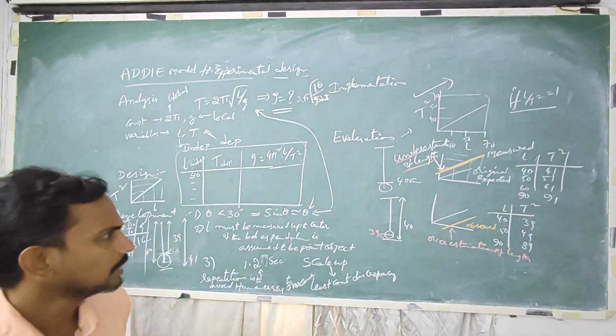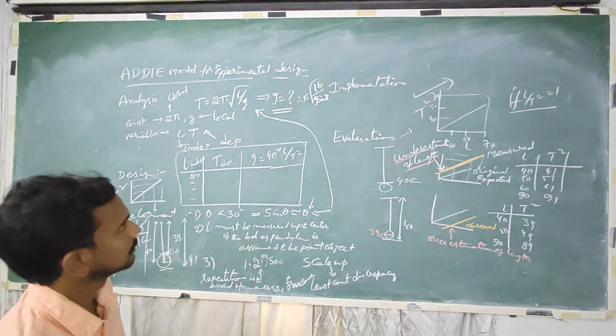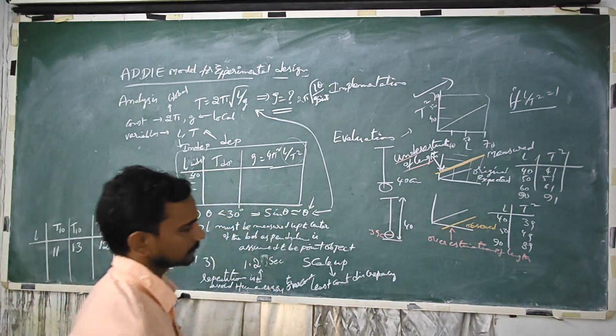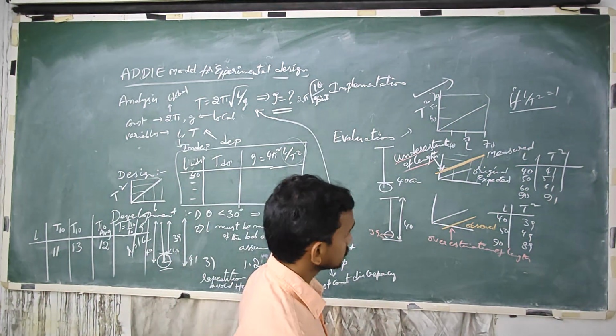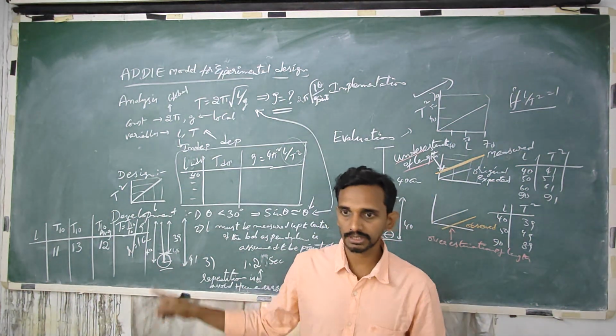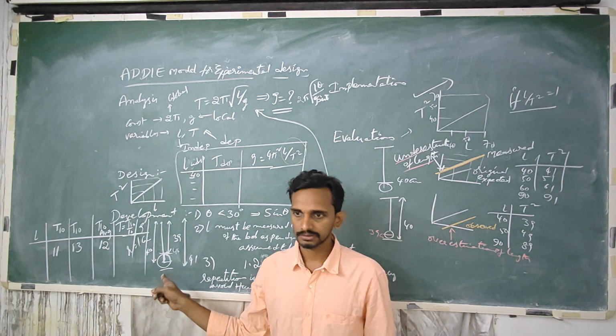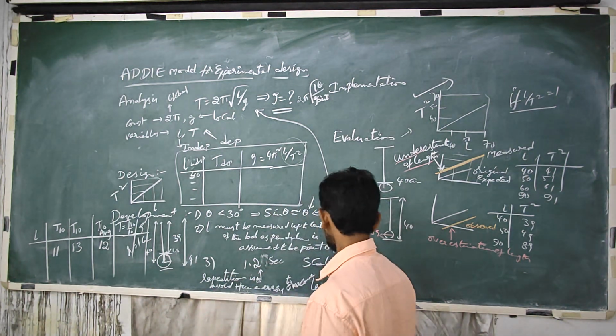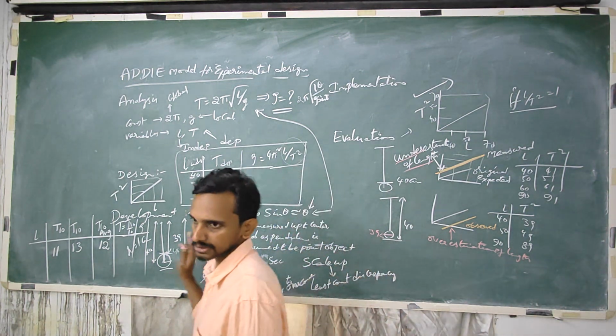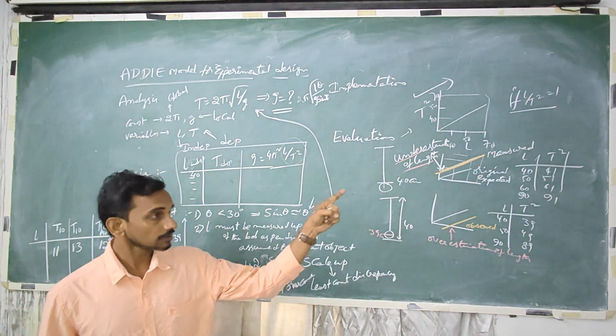Then what about errors in time period? These are the mistakes actually. Whatever human errors or least count errors, these are all errors. These are mistakes.